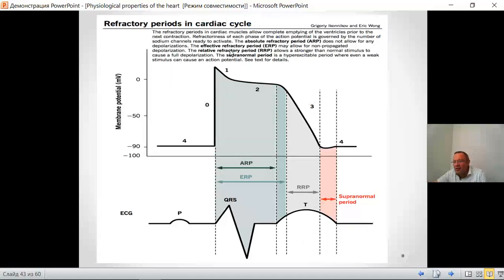Absolute refractory period. For most of the duration of the action potential, the ventricular cell is completely refractory to firing another action potential.